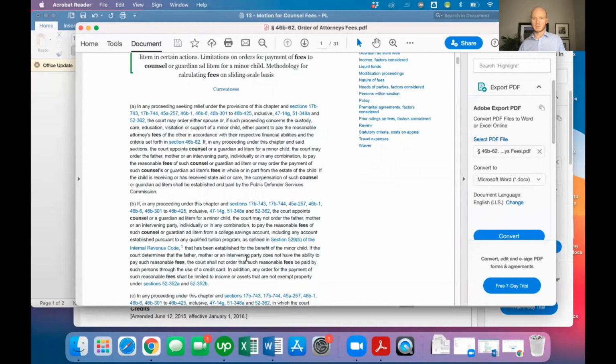And obviously the gender roles can be reversed, or there are often same-sex divorces. But the court cannot order somebody to take on debt in order to pay the attorney's fees of the other.